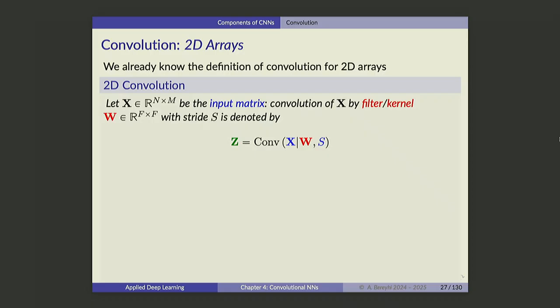In practice, do we usually have S greater than F or smaller than F? S is typically smaller than F. You can do that, but you are simply throwing away some pixels then, right? Because the filter is here, and then it jumps somewhere and some pixels in between are getting totally missed. Unless you know that they are useless, you typically don't do that. I was thinking that if S is smaller than F, some pixels will be rescanned.